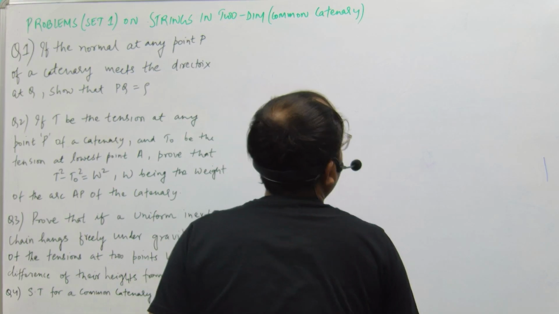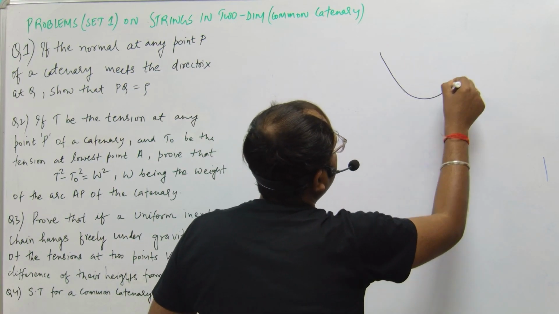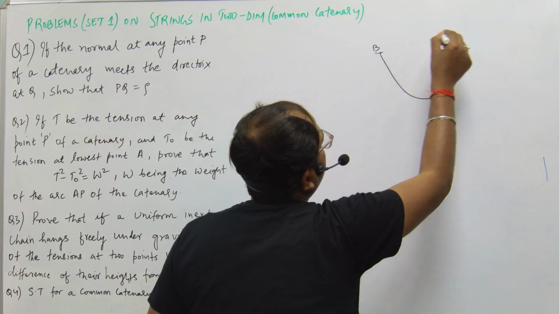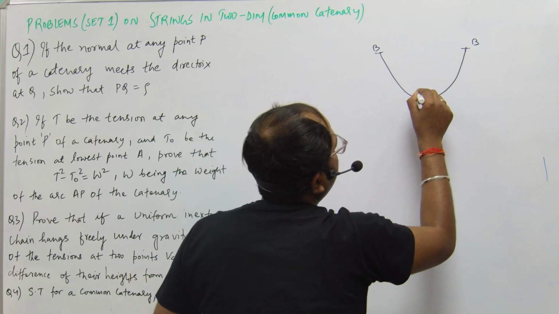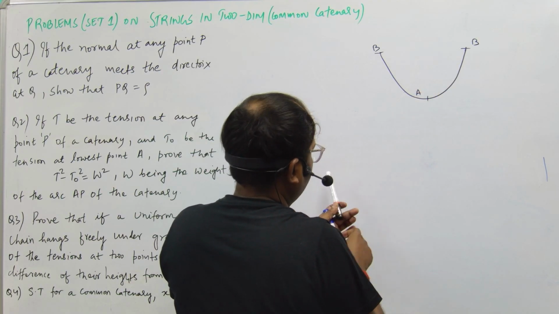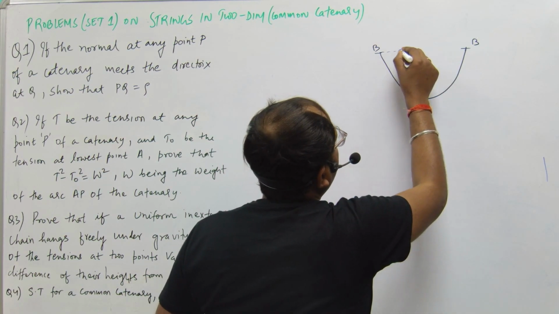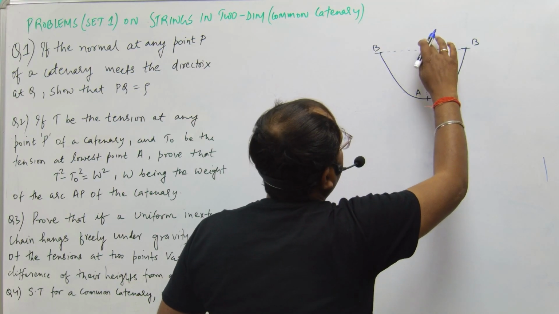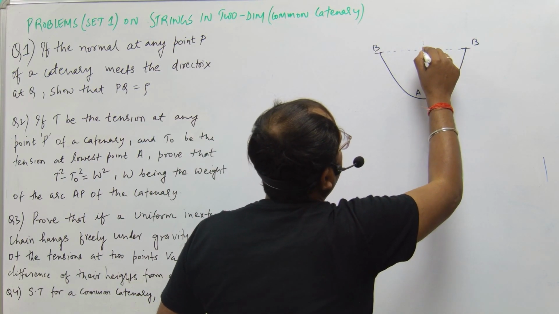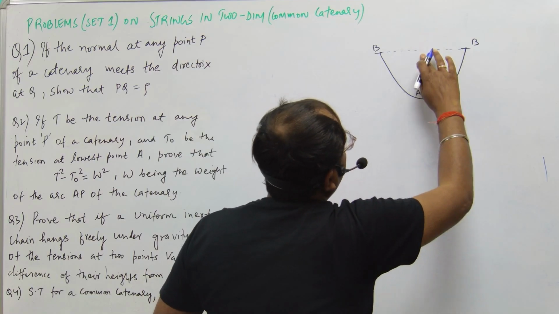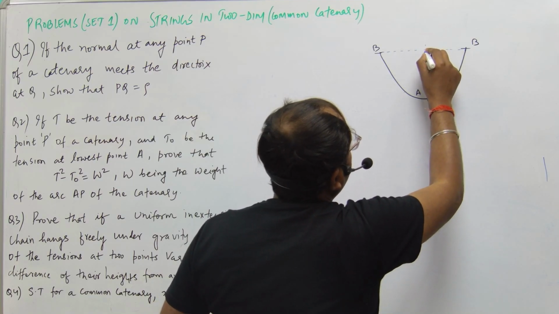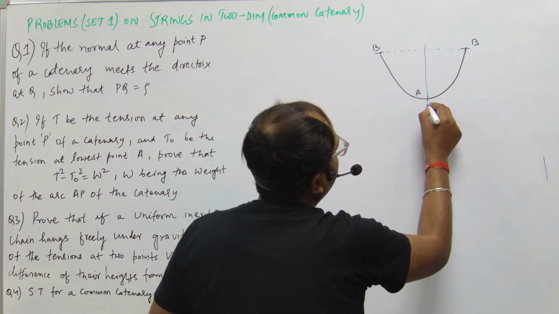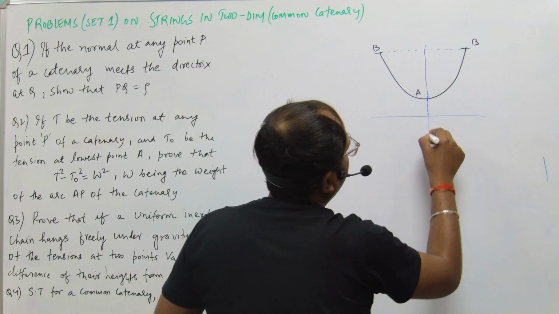So we have a catenary like this. Let us draw the catenary. This is our catenary, and these are the points where it is hung. This is point B, this is point C, and this is the lowest point A. This is the axis of y.